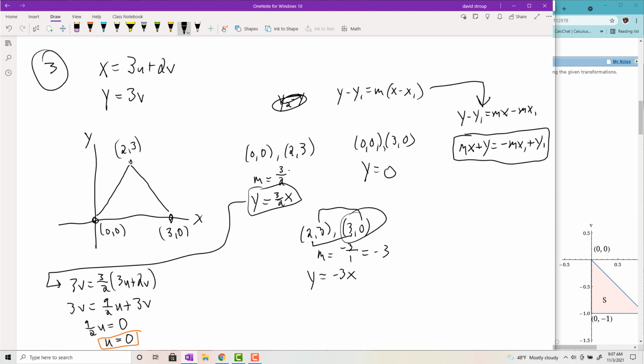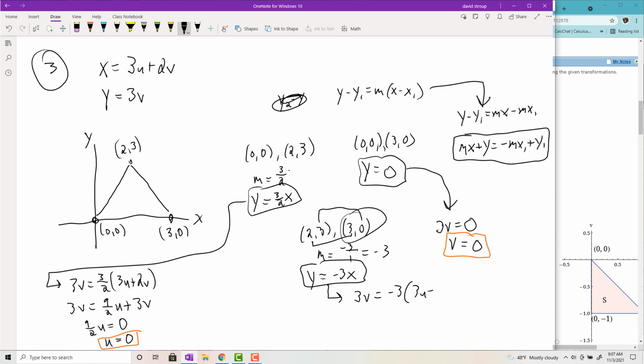Then for this curve, you would have 3v equals 0. In other words, v equals 0 for another curve. And then finally for this guy, you have y is 3v equals negative 3 times 3u plus 2v. 3v is negative 9u minus 6v.